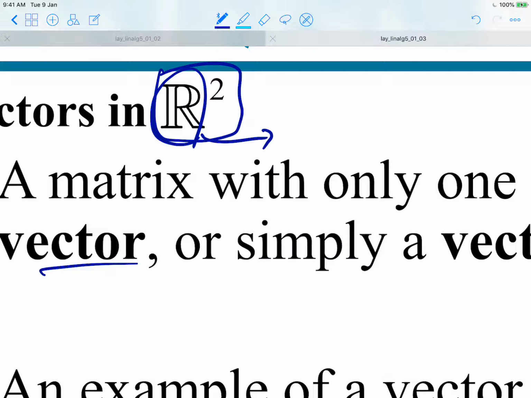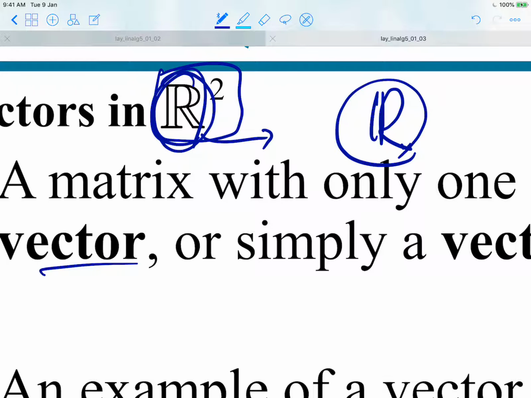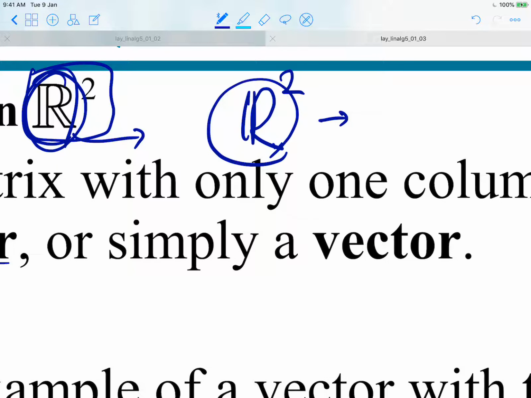R indicates the real numbers, so R is the set of all the real numbers. In the case of R squared, or simply R2, it can be thought of as R by R. That is just the notation to represent the two-dimensional real numbers, or two-dimensional vectors.